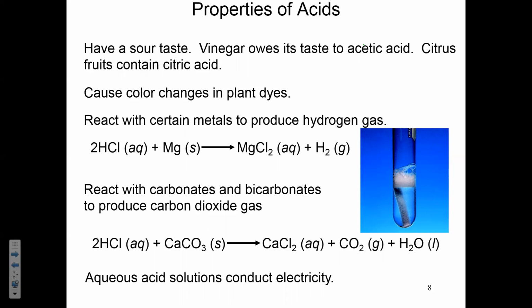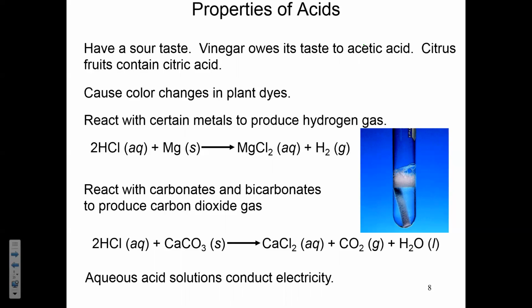One of the other things about acids is that, because the pH is different than normal water, we can use plant dye to determine whether or not it's an acid or a base. So we use different pH papers that are dyed with plant product. Acids will cause that paper to turn either blue or red, depending on what kind of paper we're using. So we can cause color changes just by using an acid and plant dyes.